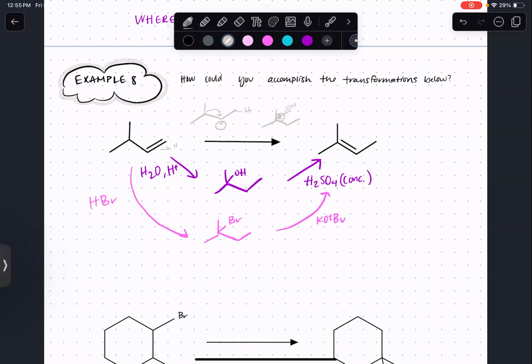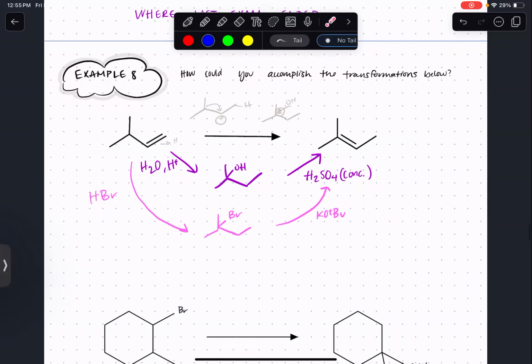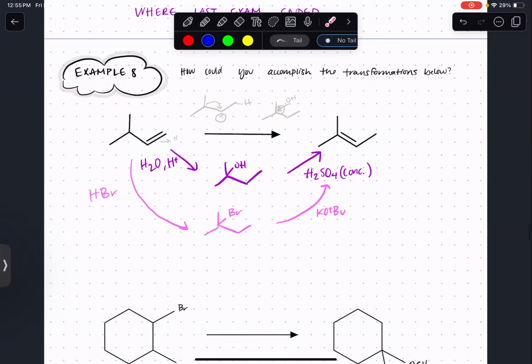So that's what's happening, and that's what these reagents are telling me. Does that make sense? Yeah. Okay. So then, does anybody have any other questions about this first one?